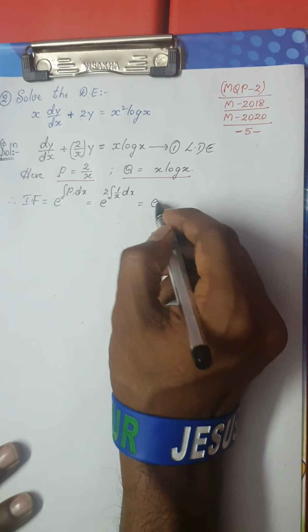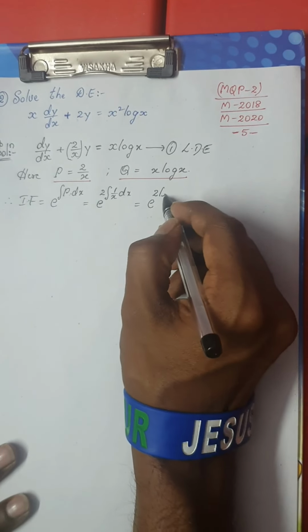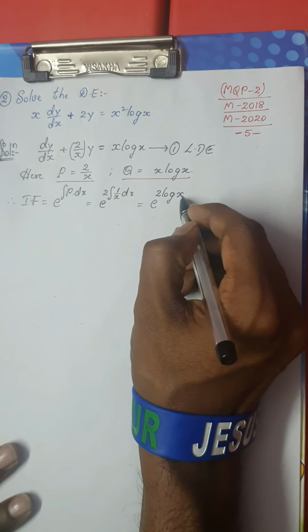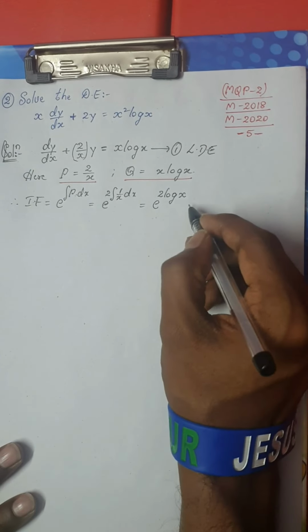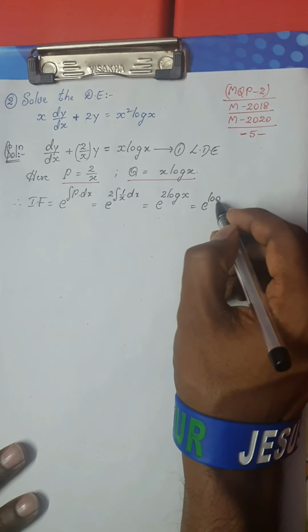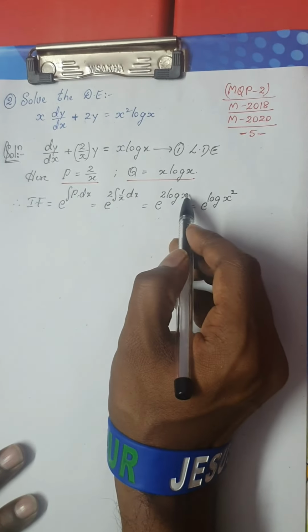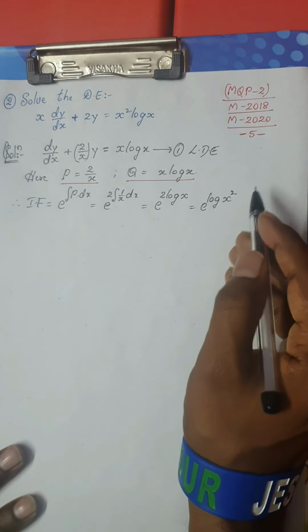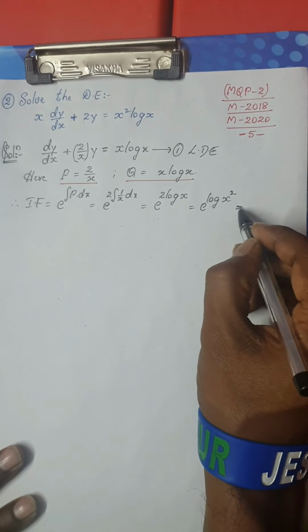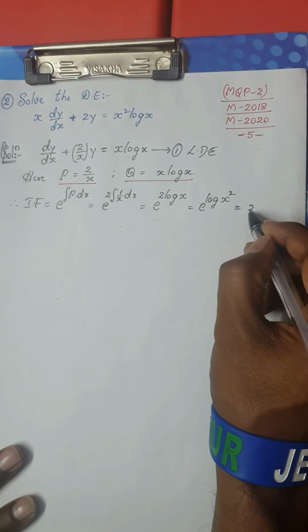So this is nothing but e power 2 outside, integral of 1 by x dx is, as I told you, log x. Okay, so using the properties of logarithms, you can write it as e power log of x square, because this constant can be taken as the power of the function, and as we dealt with in the previous case, e and log would be nullified, you would simply get x square.